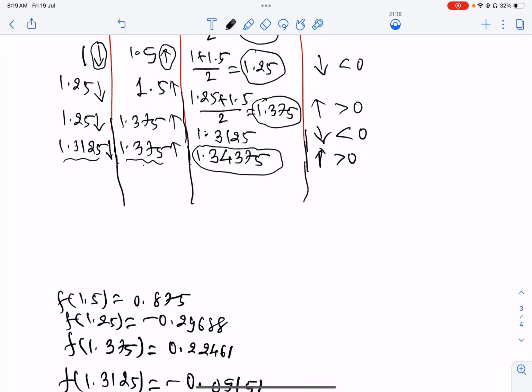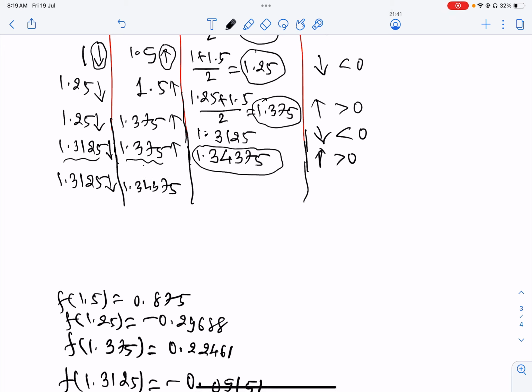Now we have to select either 1.3125 or 1.375. Now this is positive, this is also positive, so this one definitely is not there, this one is there. So 1.3125, at that point the value of the function is negative, and this one is positive, so 1.34375.